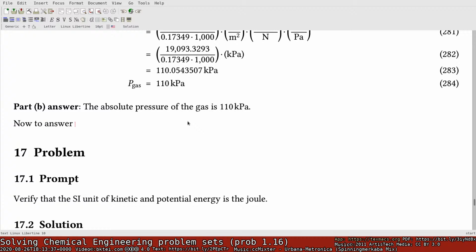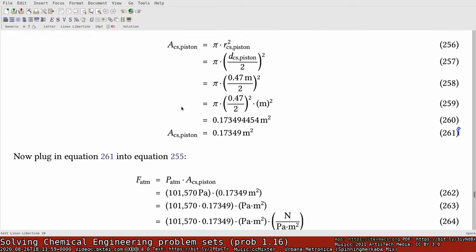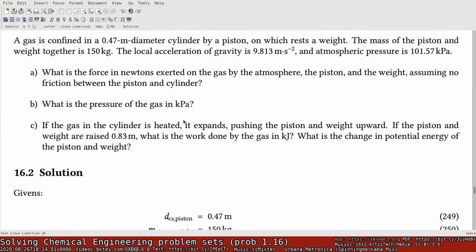Now to answer part C. Since the gas is heated, the problem doesn't say the pressure inside the gas changes, just that it's raised.